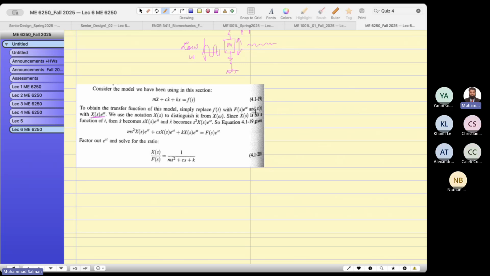Our displacement can be written in the form of big X e to the st in the S domain. So this is our ratio in the Laplace domain. We also call it the Laplace domain. And then the relationship between the two transfer functions.